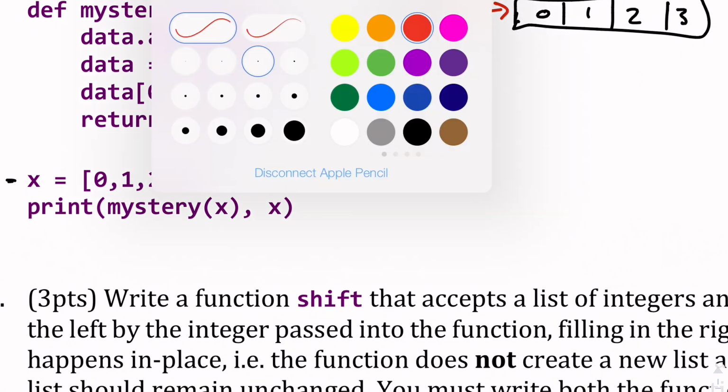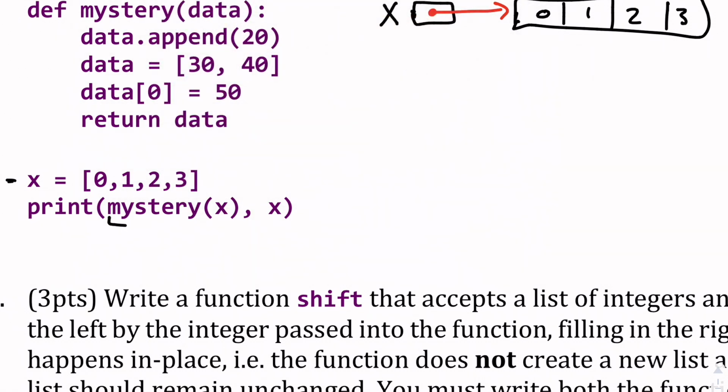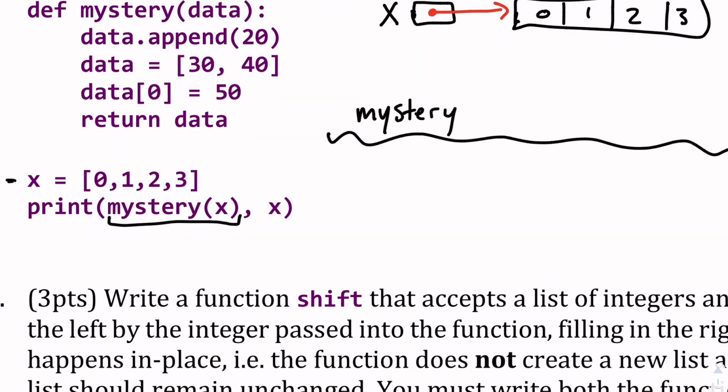When I call this function, the first thing we do is print mystery x. So we're printing the return value of this function. Let's go and compute mystery x. This function will generate a scope only for the mystery function.